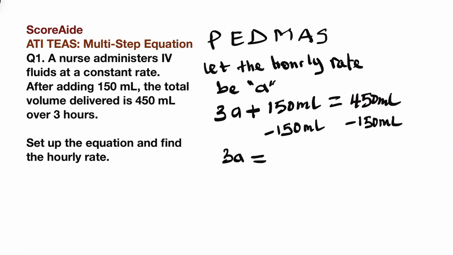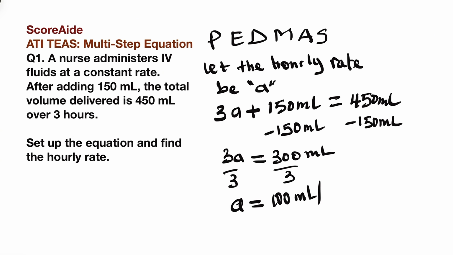So we are going to have 300 ml, right? So in this case, we are dealing with multiplication. The inverse of this operation will be division. So we divide both sides by 3. So A will be equal to 100 milliliters per hour, right? So that is what it is.